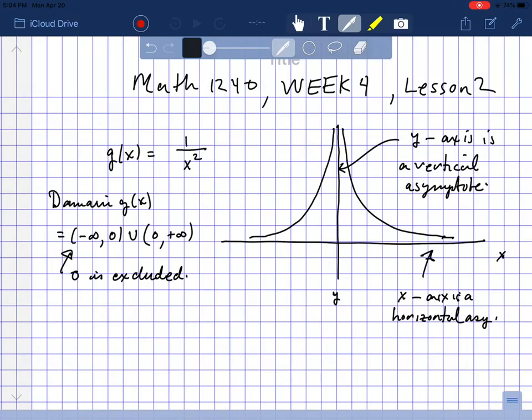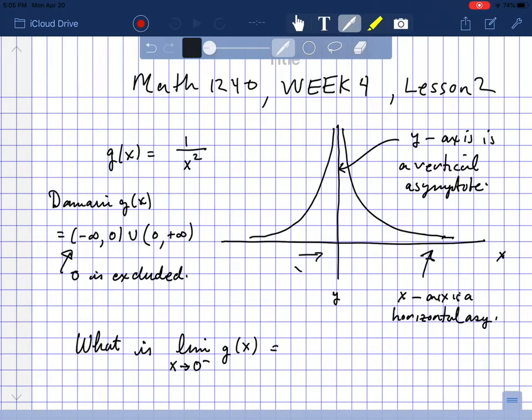All right. Nevertheless, we can ask the question, hey, what is the limit as x goes to 0 from the left-hand side of g of x? Okay, remember what we said. We said that this limit is going to be equal to some number L if the values of g of x get closer and closer and closer to L as x gets closer and closer to 0 from the left-hand side.